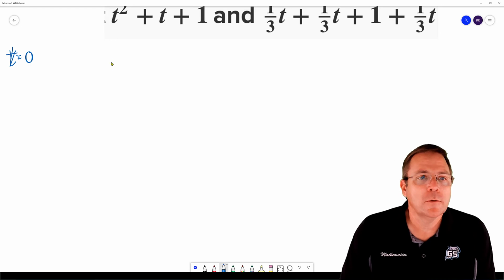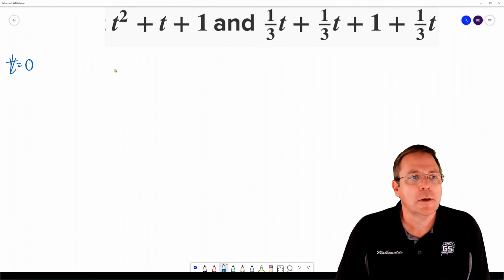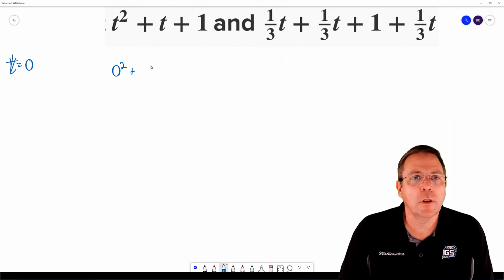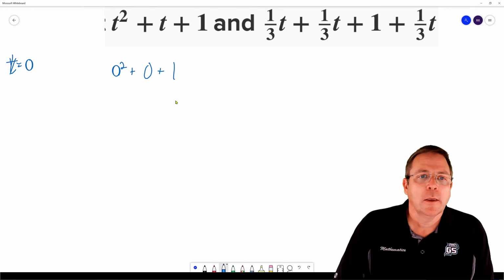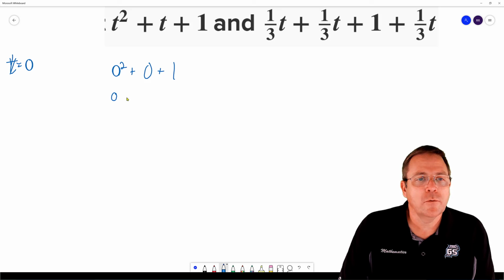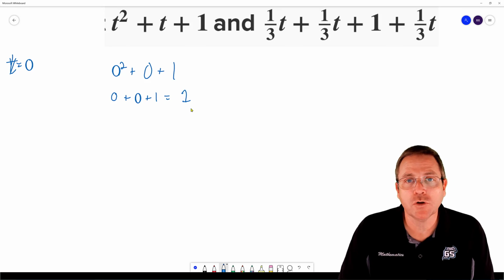And you know that means that you're going to end up with 0 squared plus, this one is just 0, plus 1. Of course, 0 squared is 0, so you get 0 plus 1, which is 1. Good so far.